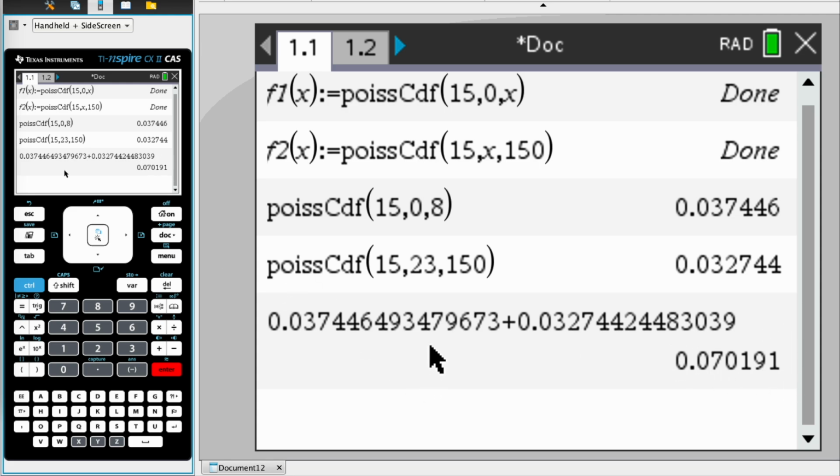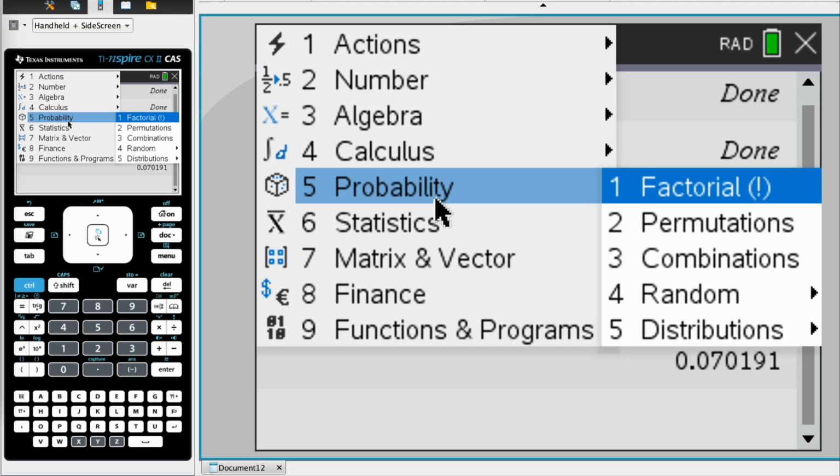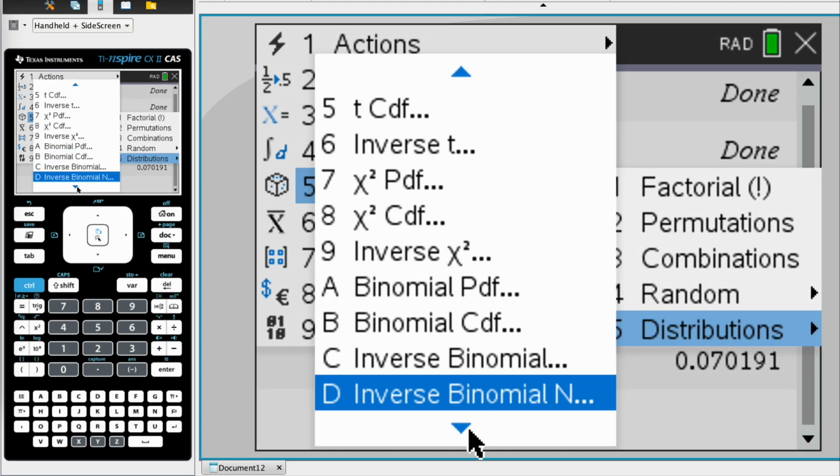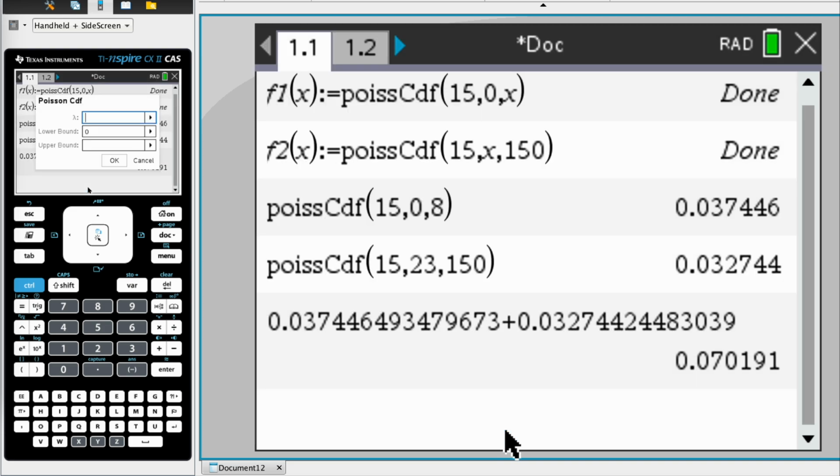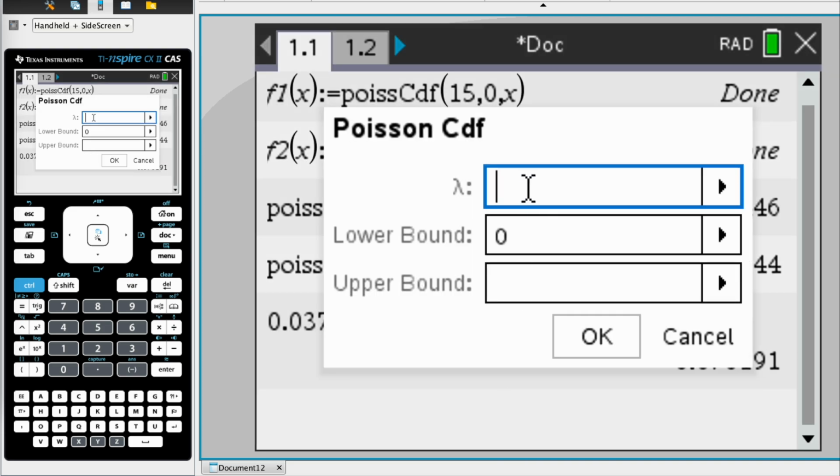Probability of a type 2 error, we're going to use, again, a Poisson CDF. Distributions, Poisson CDF. We need to use the null, or not the null, the alternate value that was given, the true value of lambda, after we've multiplied it by a 5-day period. So we had 50 bees in a 5-day period.